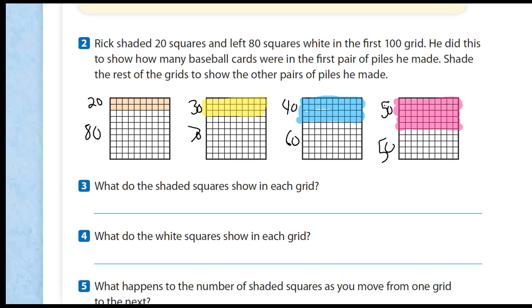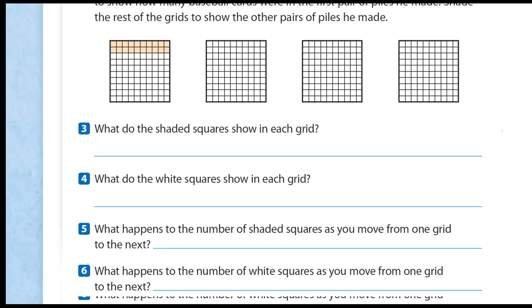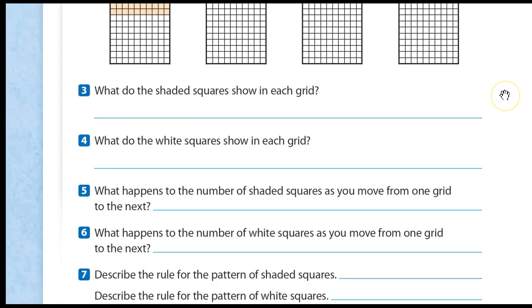It says what happens to the number of shaded squares as you move from one grid to the next. We started at 20 and we keep going. They got larger by how much each time? By 10. So the pattern was they were counting by 10 on the ones that were shaded, right? Okay. What happens to the numbers of white squares though?